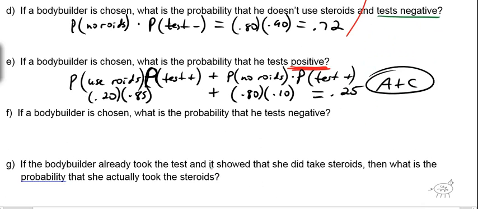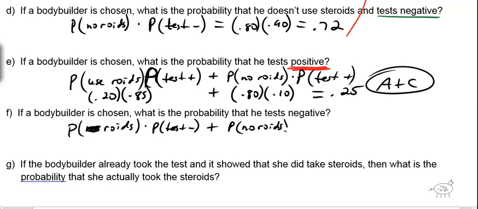Okay, so that's basically the probability of roids times the probability of test negative, plus the probability of no roids times the probability of test negative.